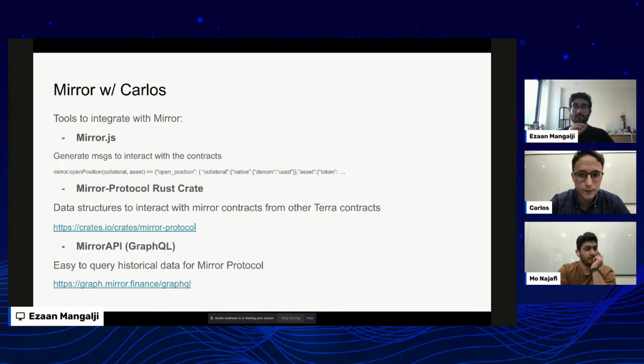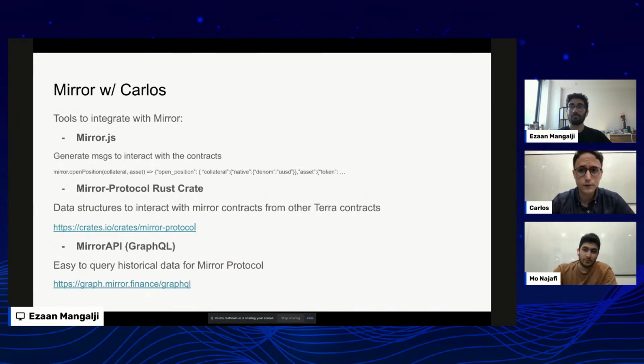Instead of writing the JSON for open position, collateral, native denom, you just call mirror.openPosition with the collateral and the asset, and you are good to go. It works with Terra.js and makes things a little bit easier. It's a good tool to have.